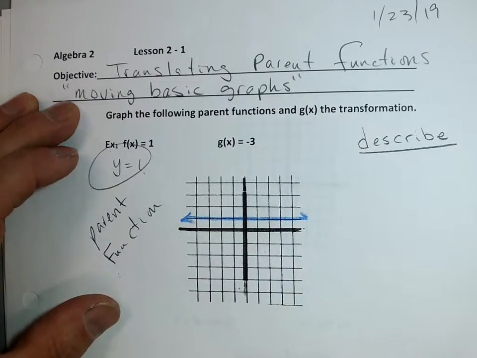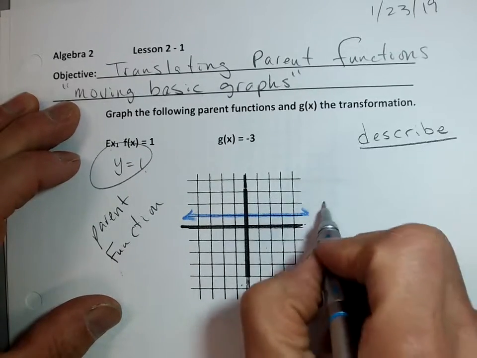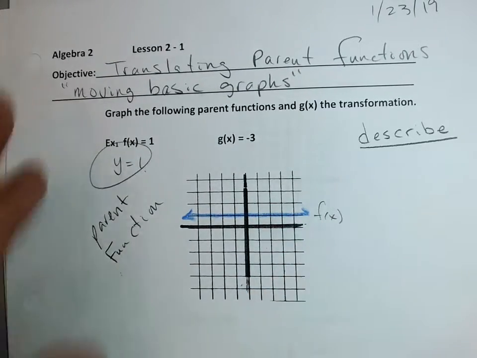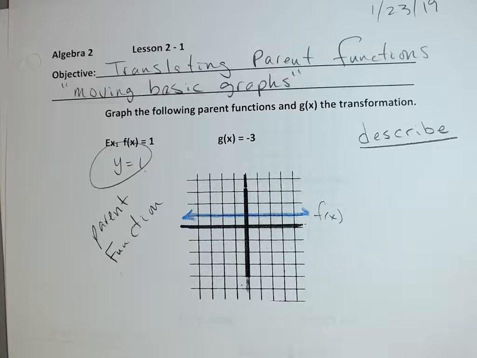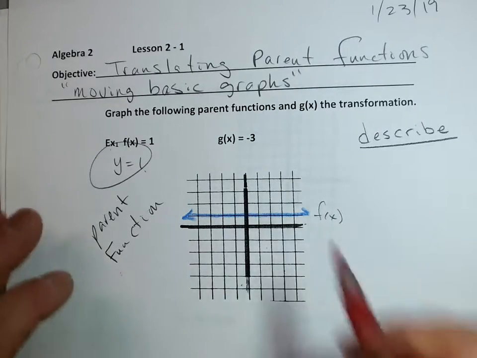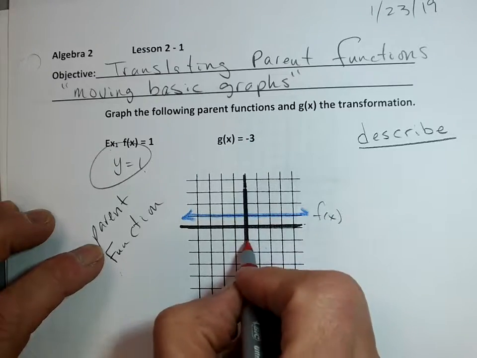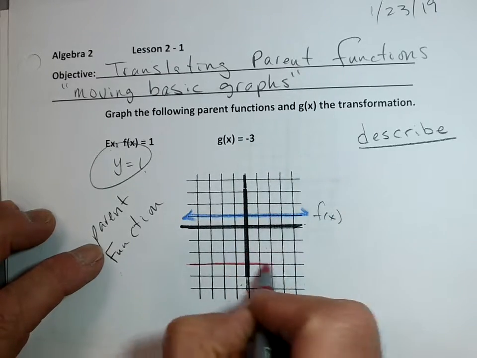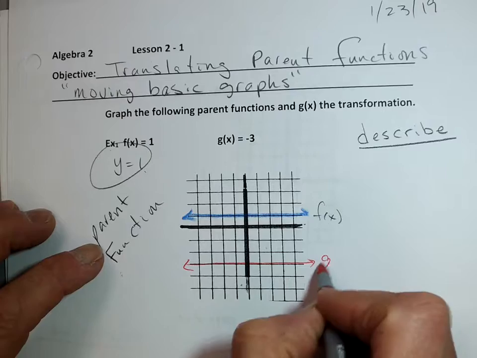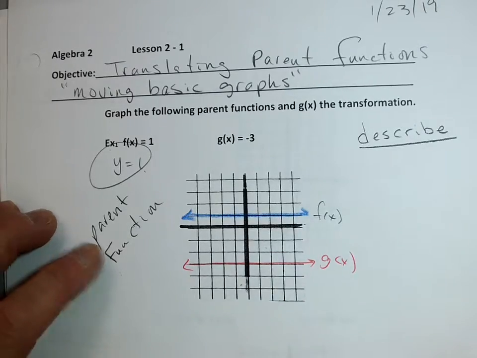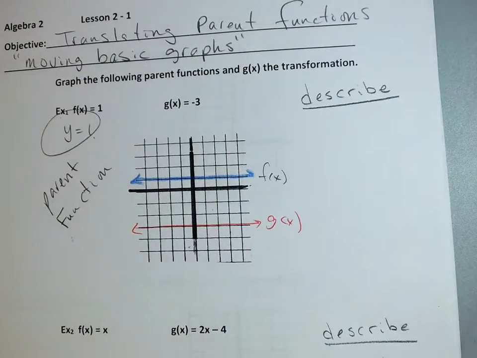There's f of x. And then we want to make g of x, which is a translation. We're just going to move it down, okay? So g of x is down 1, 2, 3. And there's g of x. Okay? So when I say describe, tell me in words what happened.